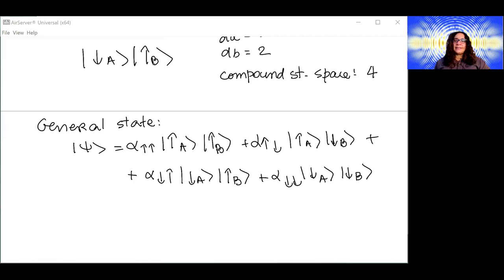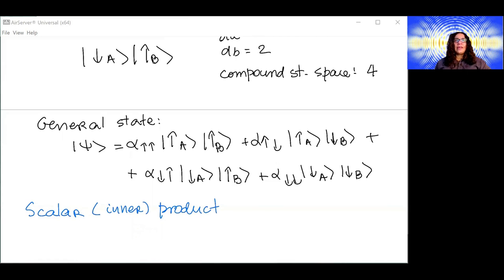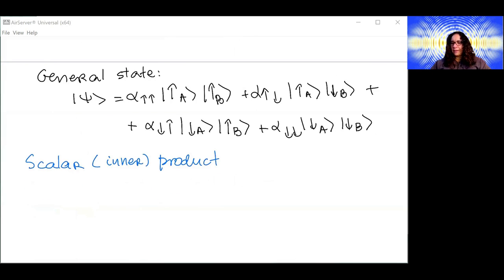And now we need to define scalar products, inner products. How are we going to do that? So let's have a look at the scalar, or if you're more familiar, inner product. And we need to define this in a tensor product space.